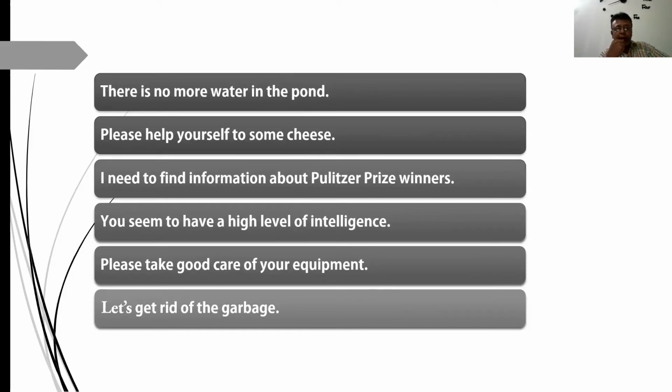Information. You seem to have a high level of intelligence. Please take good care of your equipment. Care. Let's get rid of the garbage. So all these are uncountable nouns.